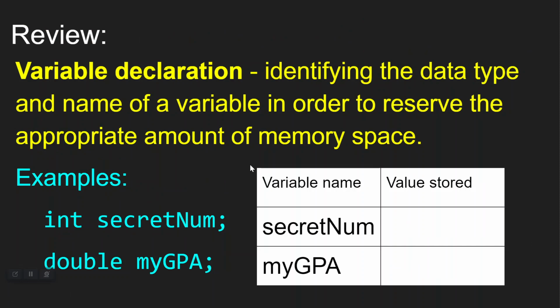But of course, we haven't put anything in there. So right now, there's no value stored because all we've done is declared it. Similarly, if I say double myGPA and then have the semicolon, all that does is reserve an area of Java memory. And then again, myGPA is the variable name that is associated with it, and it points to this area in memory where eventually something's going to be stored. But of course, there's nothing stored yet because all we've done is declared the variable.